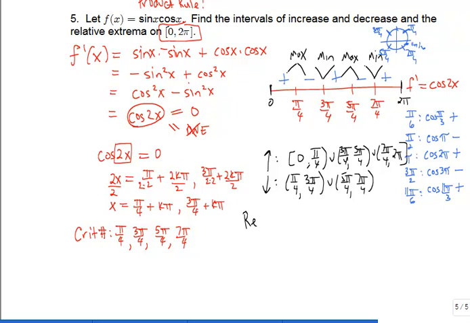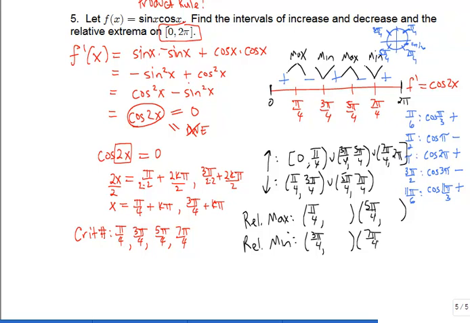So my relative maxes are at pi over 4 for the x and 5 pi over 4 for the x, and my relative mins are at 3 pi over 4 for the x and 7 pi over 4 for the x.